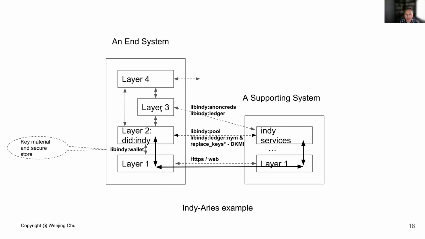So in Indy, there will be AnonCreds, a type of credentials, and also maybe some protocol to reach the ledger or the identifier to prove or verify who you are using the Indy service. In layer 2, really, it's the DID Indy. That's the DID layer: resolve that DID and come back.